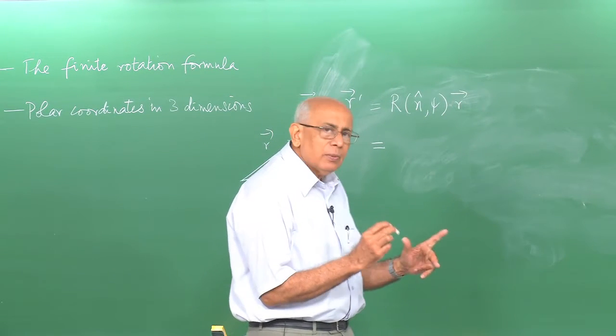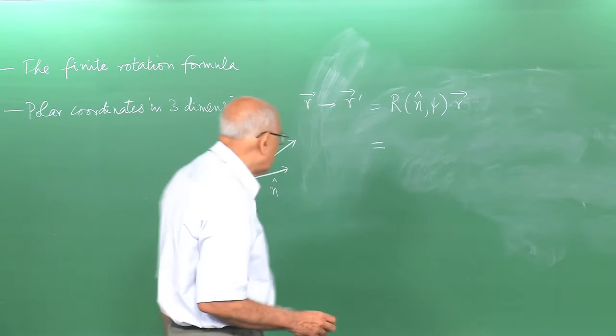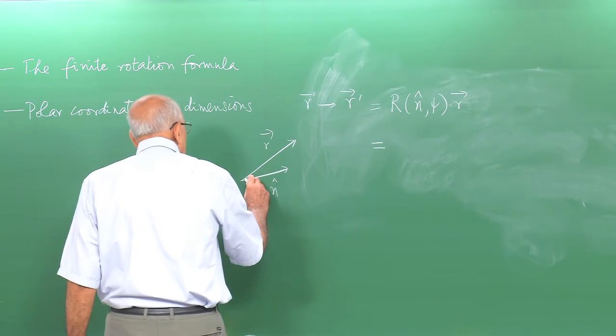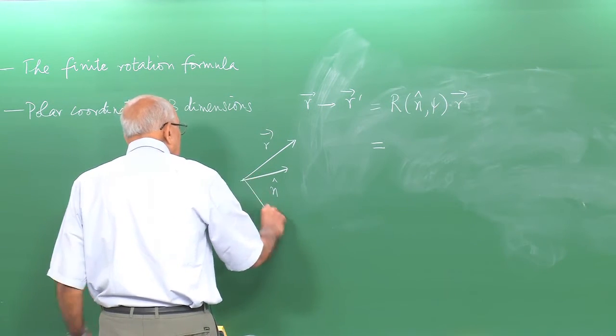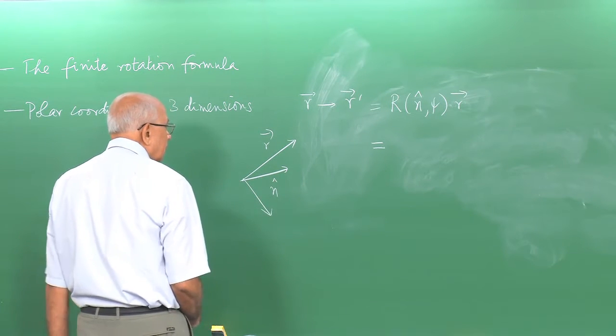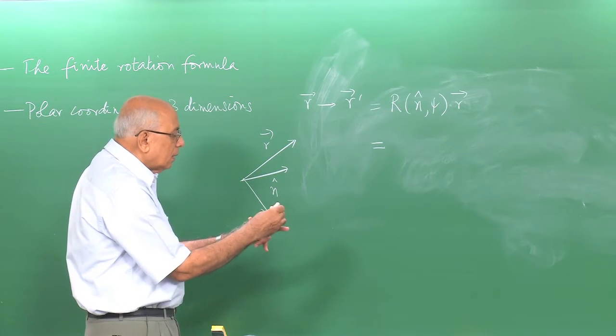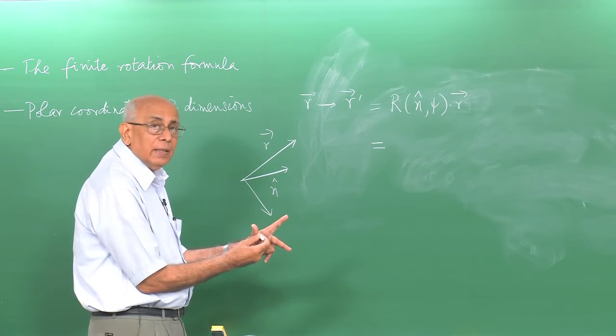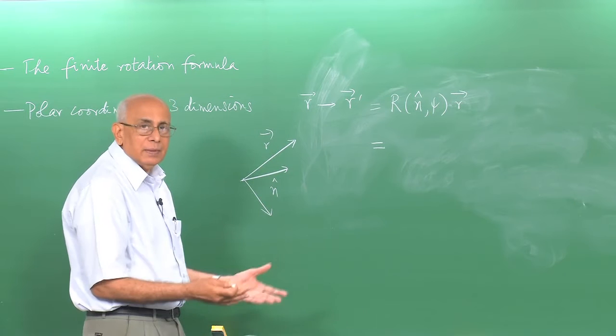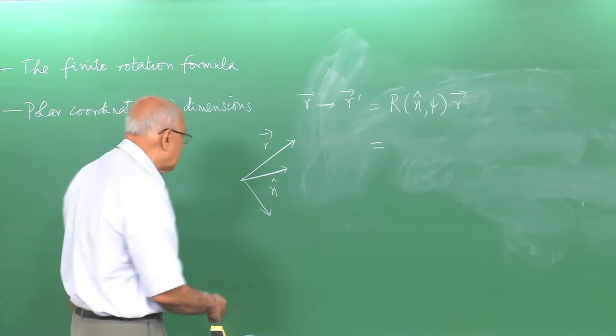There is a third vector which comes out of the plane of n and R, and that is the vector R cross n, which might perhaps come out in this fashion. Now together the vectors n, R and R cross n would actually determine a kind of basis in 3-dimensional space.